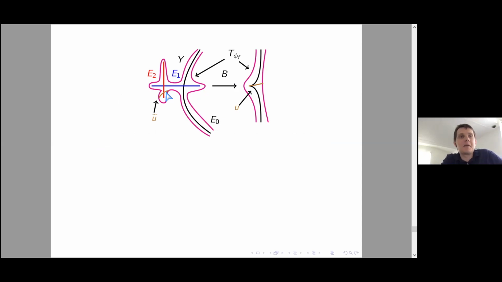So time is up, but all I want to say is the key point: the reason why this PSS map is an isomorphism is that I have some contact form on the mapping torus, and the orbits come in families corresponding to the strata of the exceptional locus, these divisors E_i.